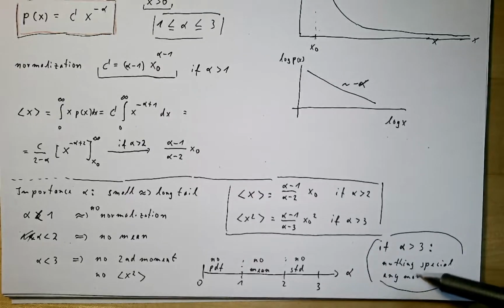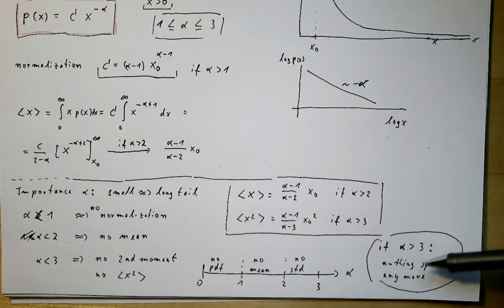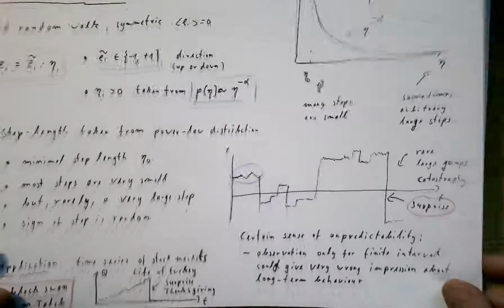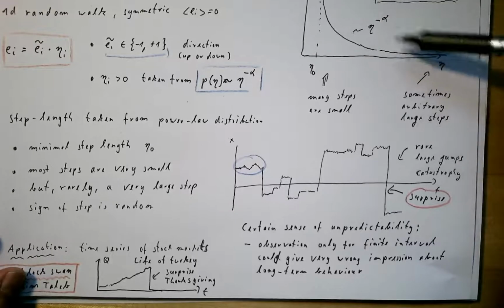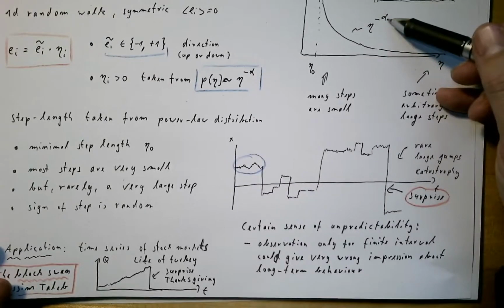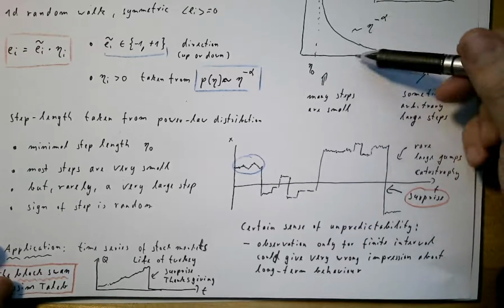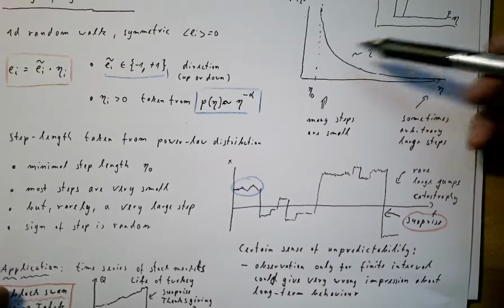But since then the central limit theorem holds, if you calculate the mean square displacement, you're in a diffusive range. If we take our Levy flight, with step lengths from the power law distribution, and alpha is larger than 3, then we have diffusion, because essentially the central limit theorem holds.